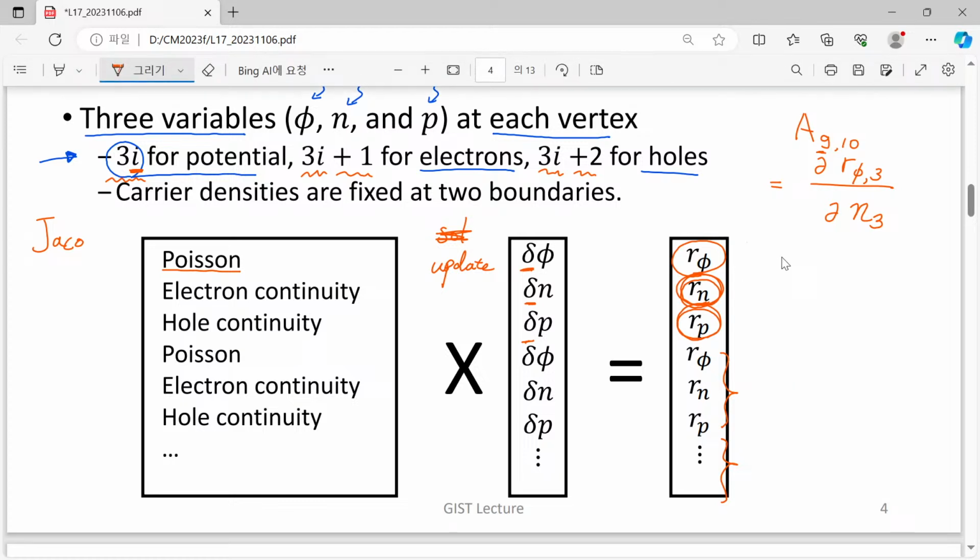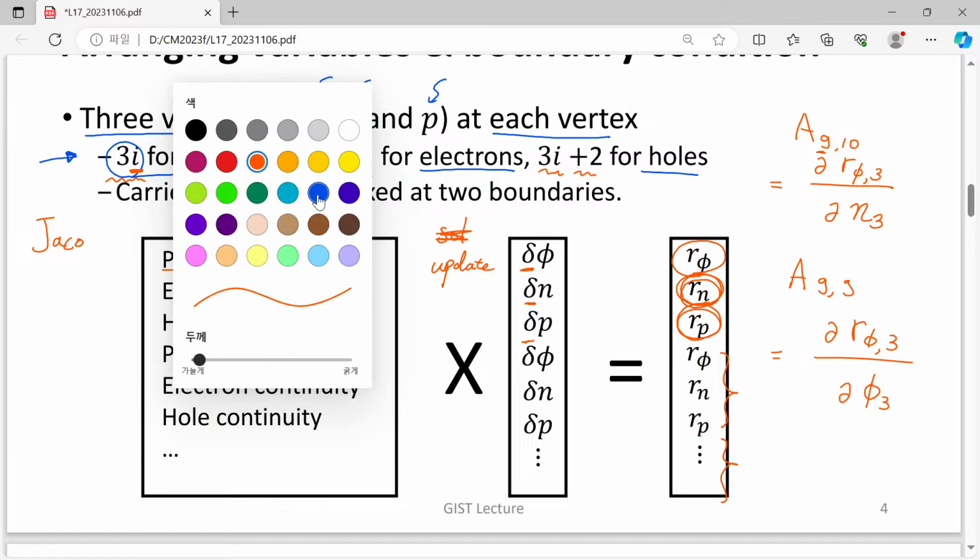Think about another component, A 9, 9. What is the physical meaning of this quantity? This is the dependence of your Poisson equation evaluated at the third vertex with respect to the electrostatic potential at the third vertex.